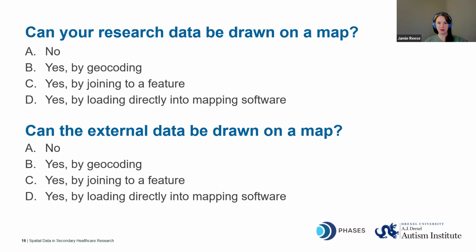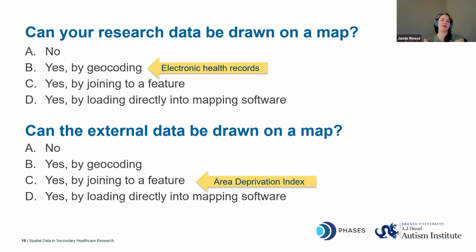I'm excited that there's a couple different scenarios here. In our example, geocoding again is the electronic health records. And thinking back to area deprivation index, when we say joining to a feature, what I mean is matching up that column that has the census identifier to the shapefile from the census that will have the identifier in it as well. All right. Any questions so far?